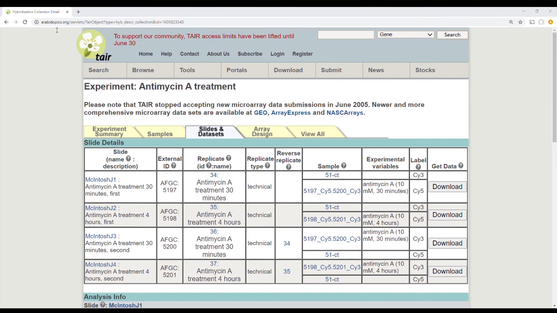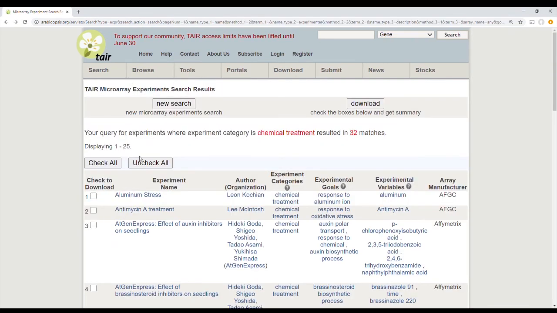Now, let me do this. I'm going to do the same thing, but with that original, where was it? That original file that I had for the, wait just a second, there we go, my aluminum stress.